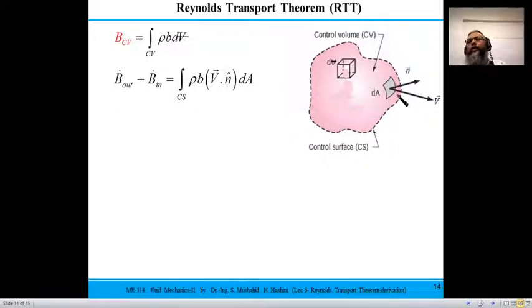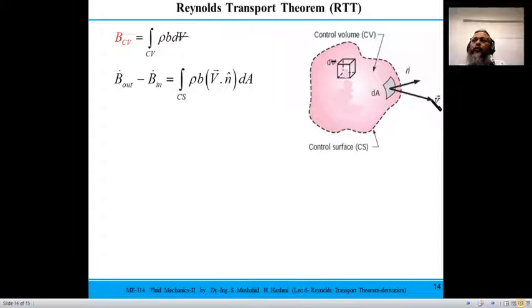So if B is a velocity vector, there is some component of velocity in the normal direction that would actually leave, because if you resolve this velocity vector into two components, one of the components would be parallel to the surface and one would be in the normal direction. So the velocity part which is in the normal direction is actually coming out.